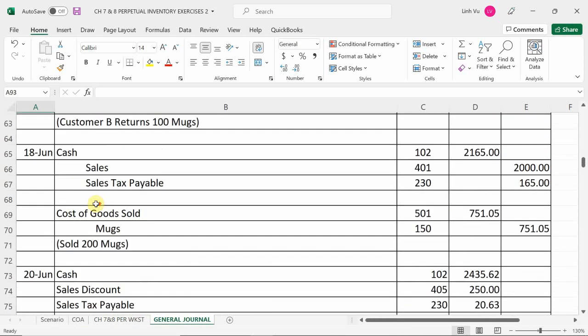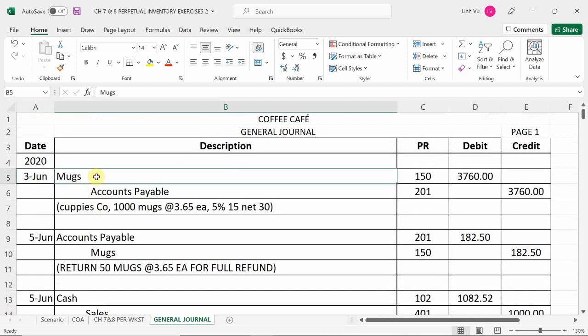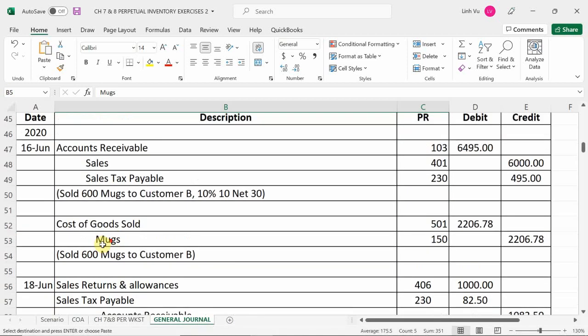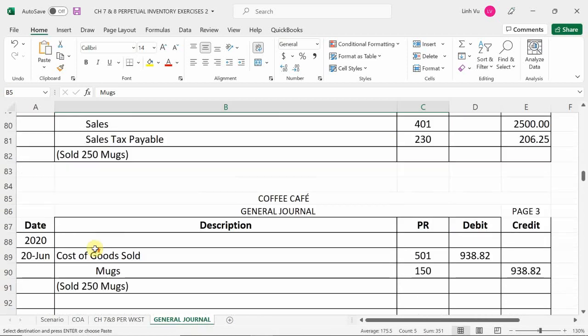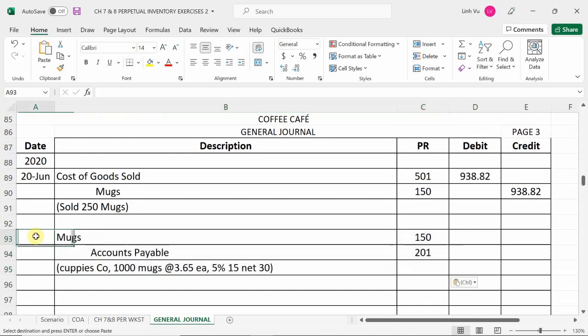So let me see. Let me find a transaction where I've already. Here it is. So I got mugs and accounts payable. Okay.